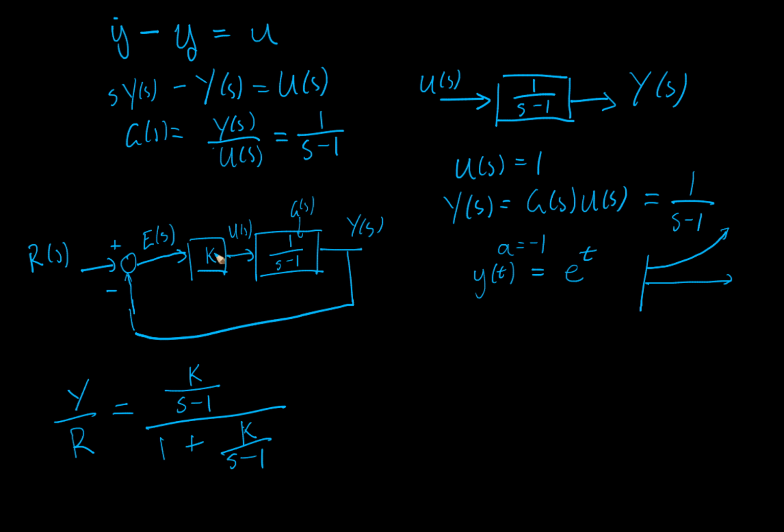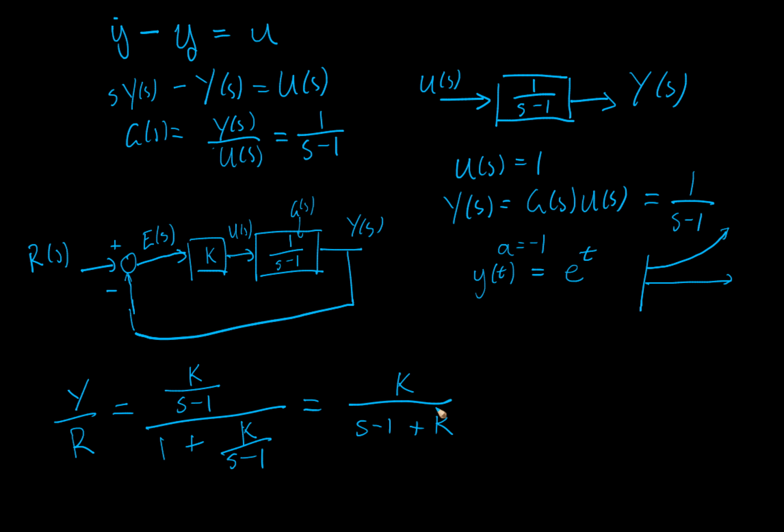We've also used here the fact that if you've got a composition of k and s minus 1, the transfer function of that is just k over s minus 1. We just multiply the two transfer functions together. So now let's multiply through by s minus 1, and we're going to get k over s minus 1 plus k.